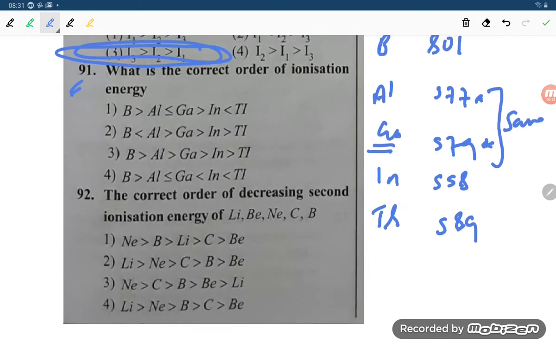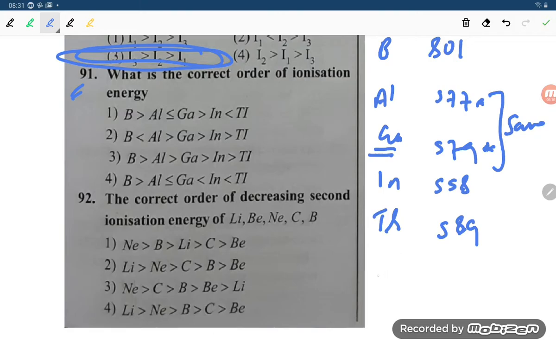So when you are arranging this, how can you arrange? 801 is much greater than 577, 579. Which one will come? Gallium will come. So how can we write that?